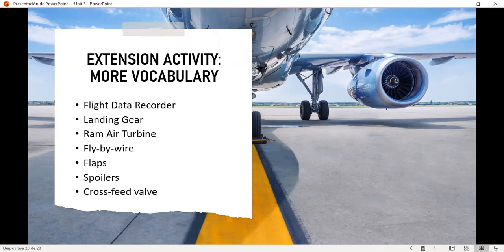Well, in this case, I understand flight data recorder. Maybe it must be the register with information of the flight or the airplane. Yes, it's a digital device that records essential data on the aircraft that can be analyzed by air accident investigators.